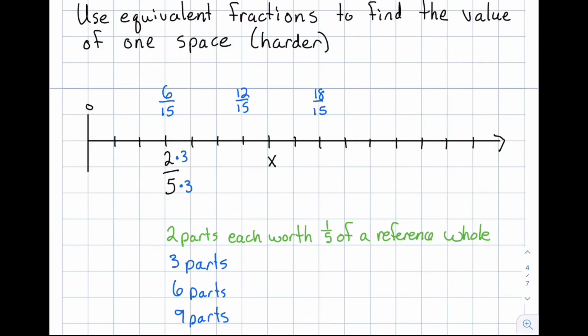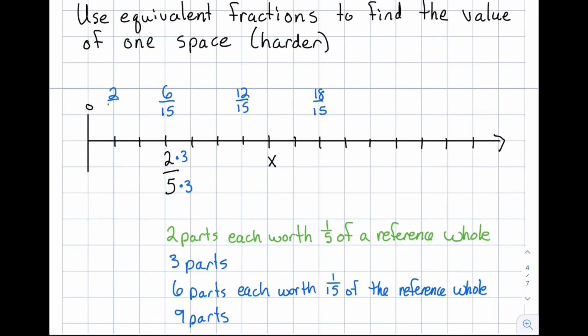Here it would be nice to know what one space is worth rather than every 3 spaces. So I'm going to focus on the numerator here, the 6. Notice the denominator hasn't been that important. That's just the label of our fraction. We're really interested here in the numerators. So 6, well, if I break 6 into 1, 2, 3 equal parts, then 6 divided by 3 is 2.